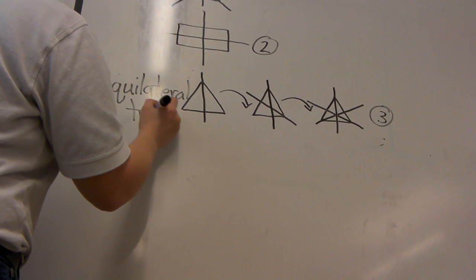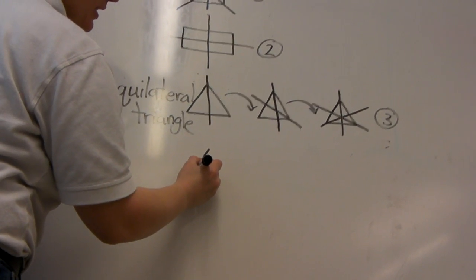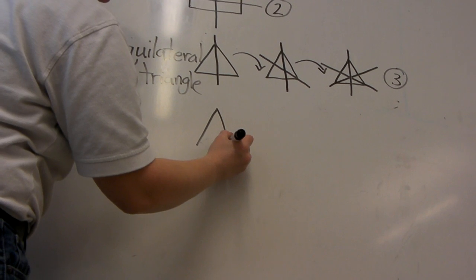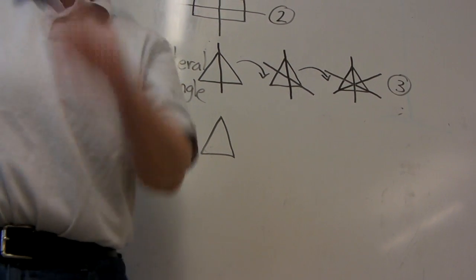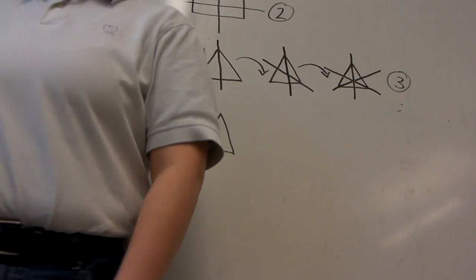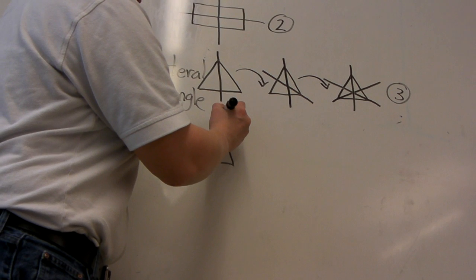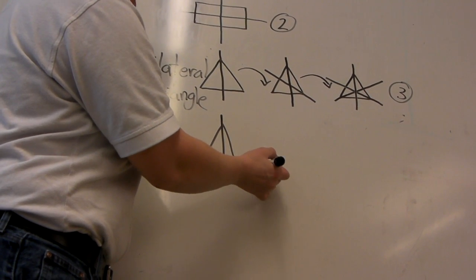What if we look at an isosceles triangle, where two sides are the same and one side is different? How many lines of symmetry do you see there? You should see one. If I roll this onto its side, just like I did that, look what's going to happen.